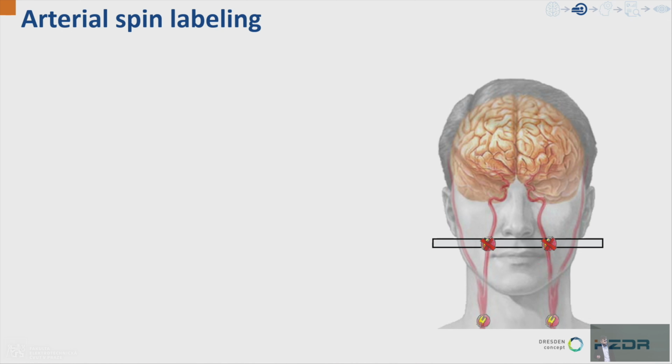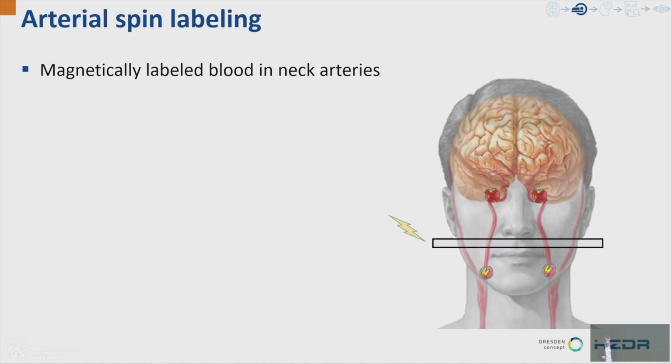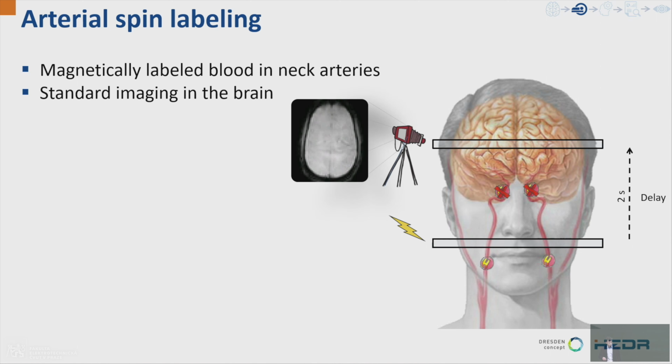So in arterial spin labeling, we are not injecting anything into the body. Instead, we are using blood labeled magnetically in the neck as a tracer. The blood is labeled in the neck, then we wait for 1 or 2 seconds until the blood gets to the brain, and then we take a normal image of the brain.